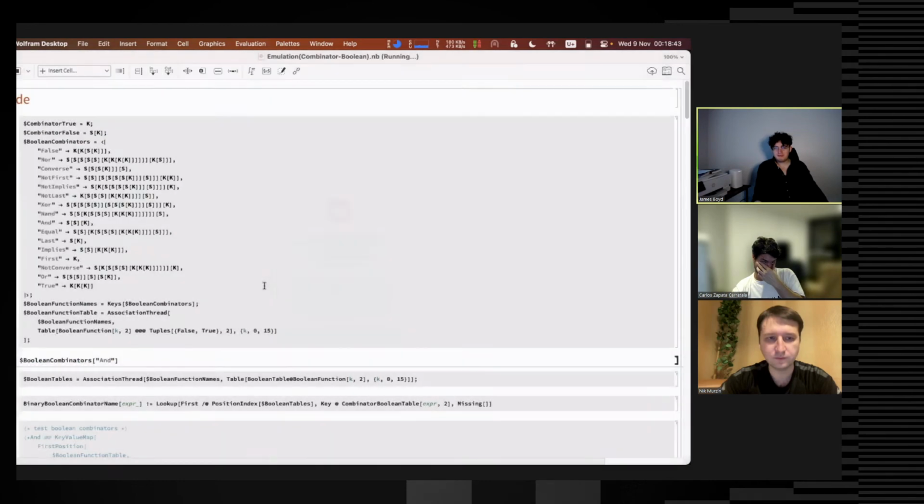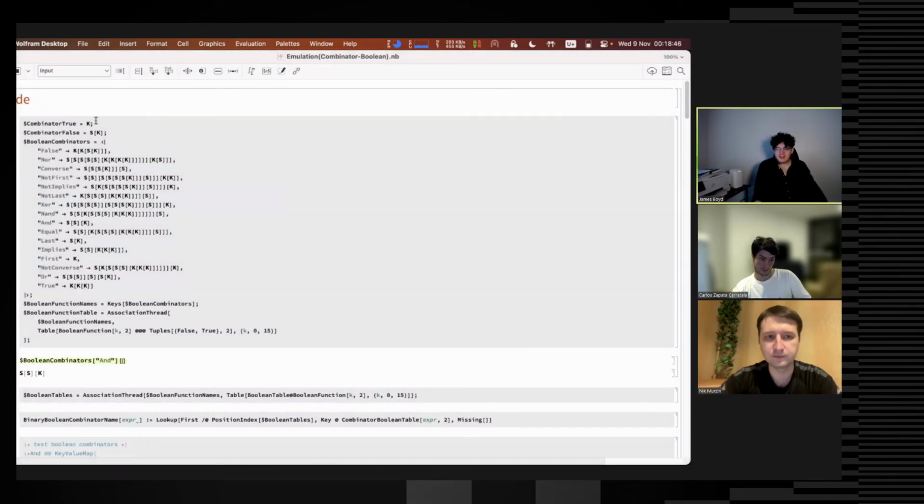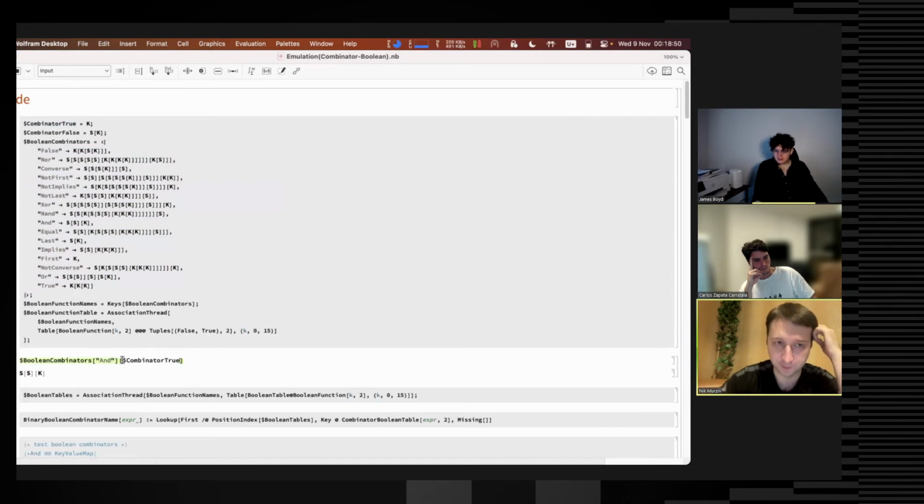But what do we do with that? We just call it an equivalence class for this particular one. Then we switch true and false. That's another table of functions that you can find.